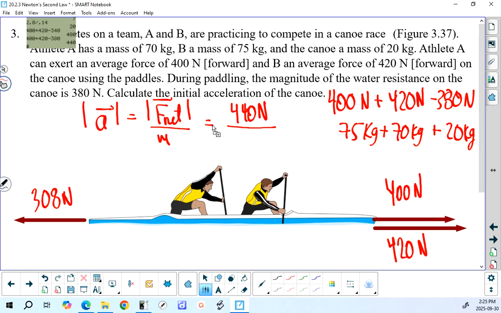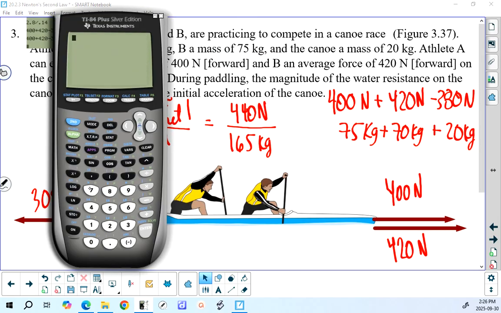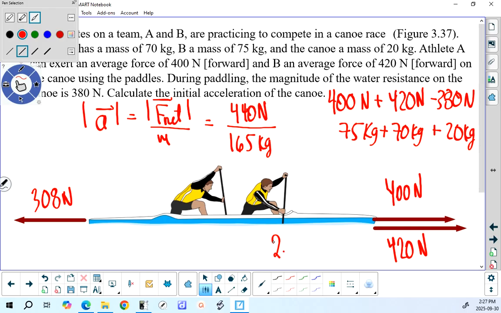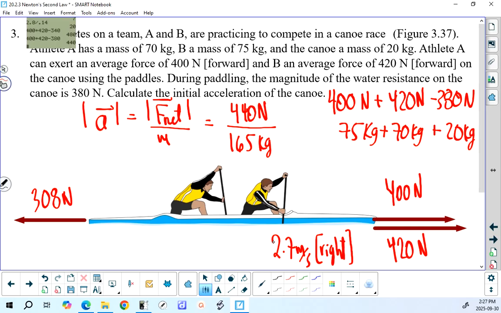That's 165 kilograms. I'm pretty sure about that, but I'm going to check anyway. 75 plus 70 plus 20 is 165. All we're going to do now is take 440 newtons and divide it by 165 kilograms, and I get approximately 2.7 meters per second squared in the direction that they are rowing, which in my diagram is to the right, so I'll just put right for a direction.